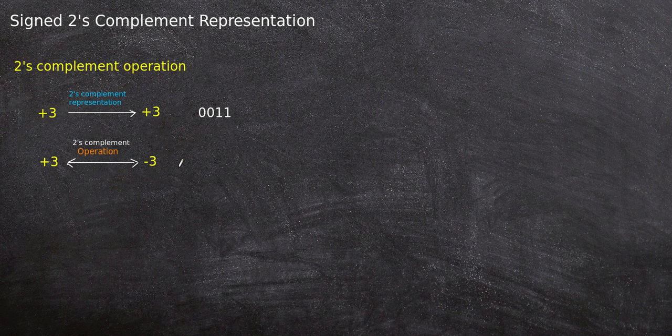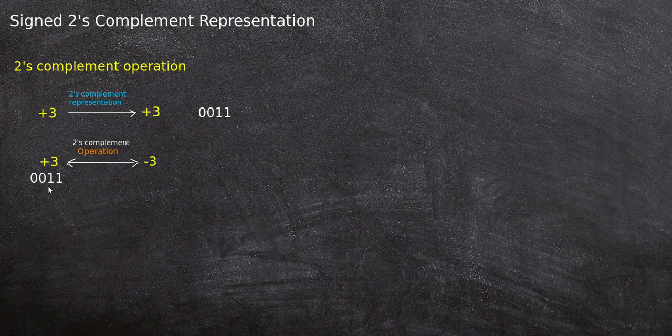But if we want to represent minus 3 in 2's complement representation, then we need to learn the mechanism by which a number is converted from positive to negative using the 2's complement operation. In this case, initially it is plus 3, that is 0011. Now after the 2's complement operation, it is going to be negative 3. Now let us do the mechanism.